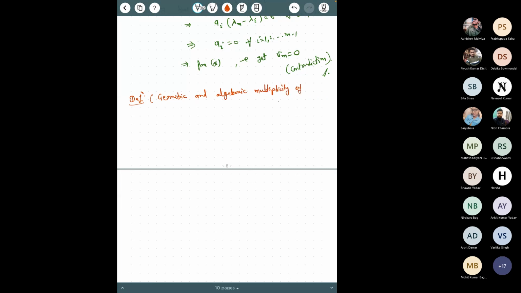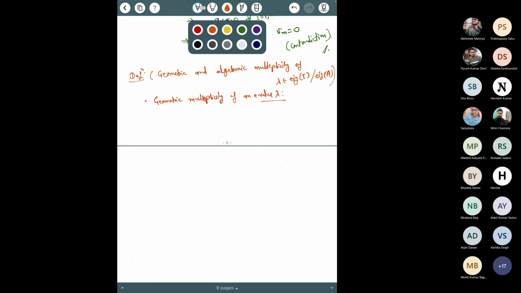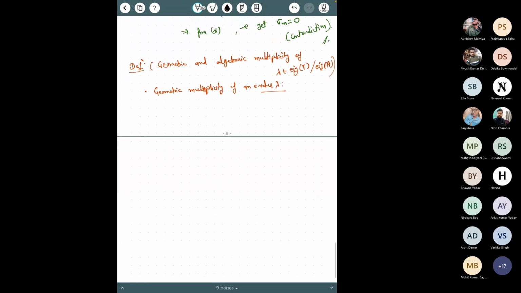Let us first define geometric multiplicity of an eigenvalue lambda. It is the dimension of the eigenspace corresponding to this eigenvalue, the dimension of the eigenspace E_lambda. What is E_lambda?